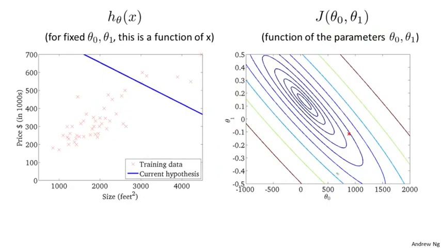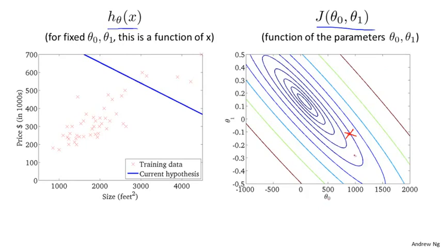So now let's see this algorithm in action. As usual, here are plots of the hypothesis function and of my cost function J. And so let's say I've initialized my parameters at this value. Usually you initialize your parameters at 0, theta 0 and theta 1 equal to 0.